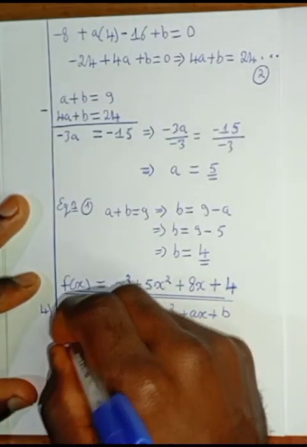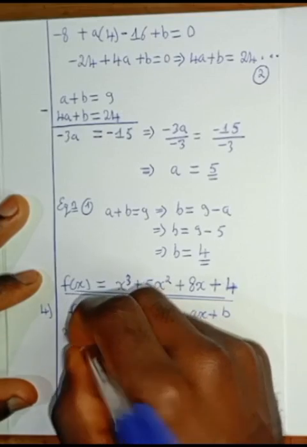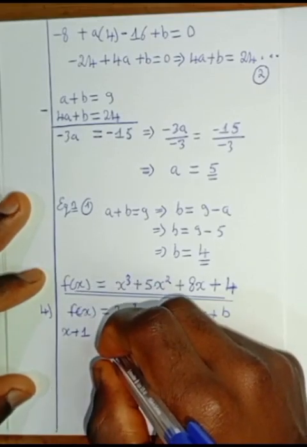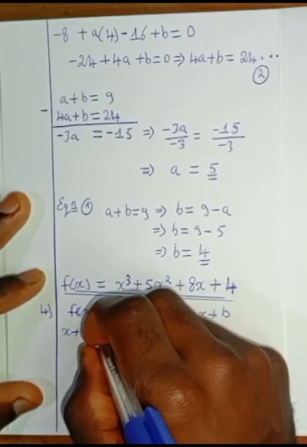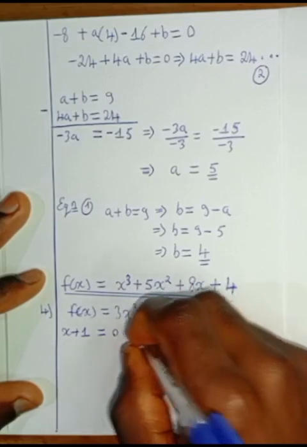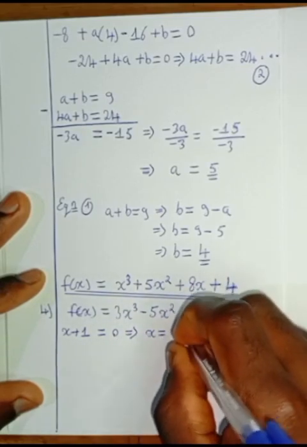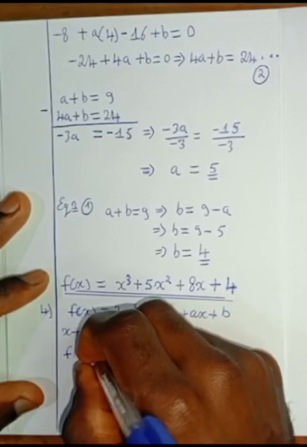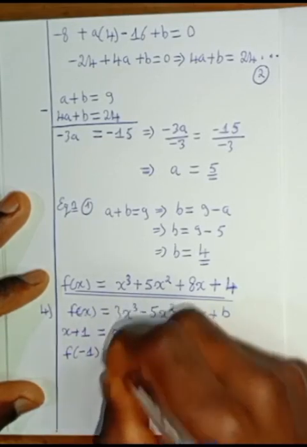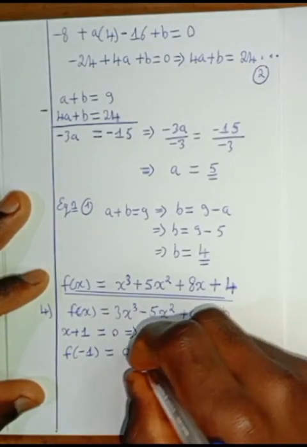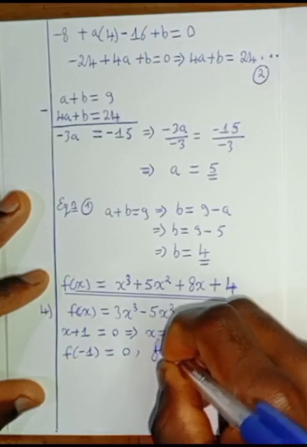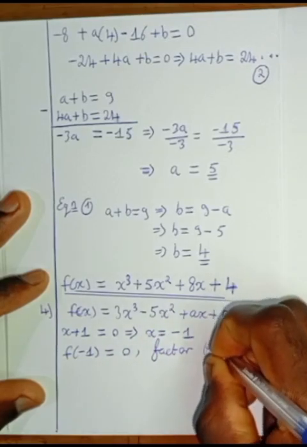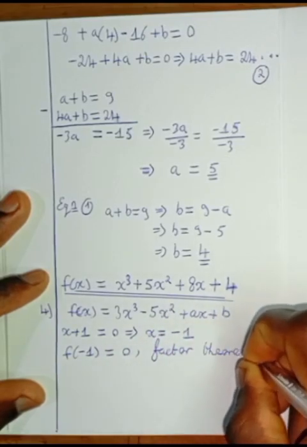We have been told that x plus 1 is a factor of f of x. If we equate x plus 1 to 0, then x will be equal to negative 1. We know f of negative 1 will be equal to 0 according to the factor theorem we stated beside.